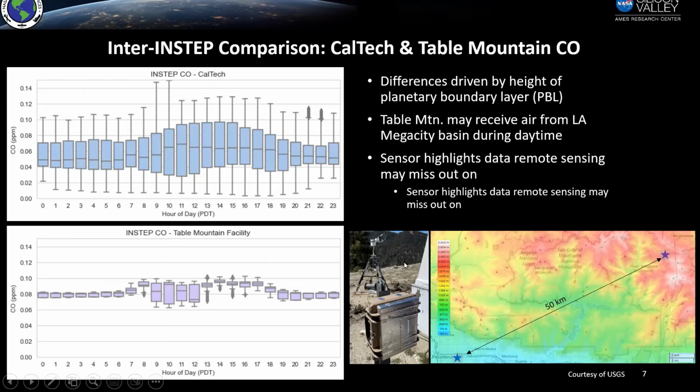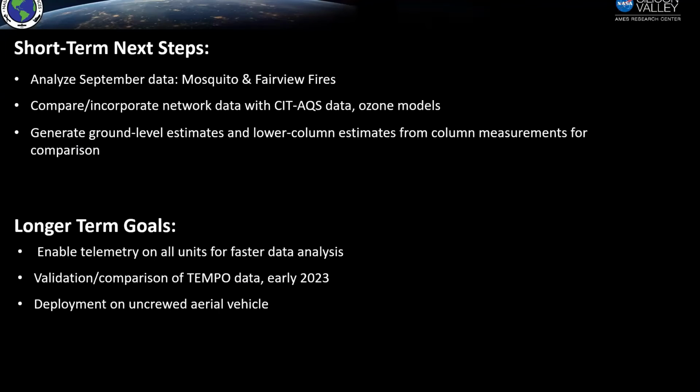But I do want to point out that when the Pandora is just looking up, thinking about these differences in planetary boundary layer, it is just looking at the free troposphere and not really seeing some of these other changes that we're seeing in our ground level monitor from the LA basin air coming in and those different things. So I thought this is a pretty cool comparison so far of what we're seeing from the INSTEP monitors that some of the existing monitoring at each of these sites misses out on.